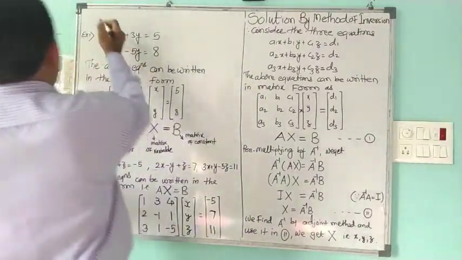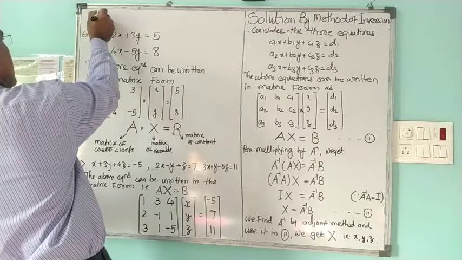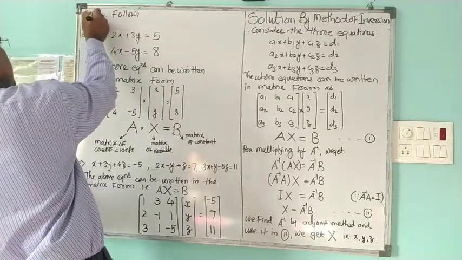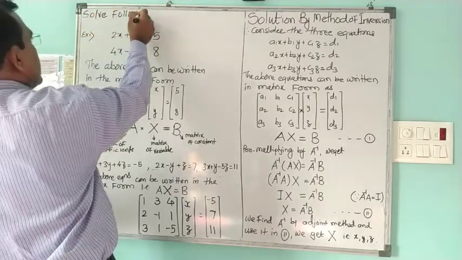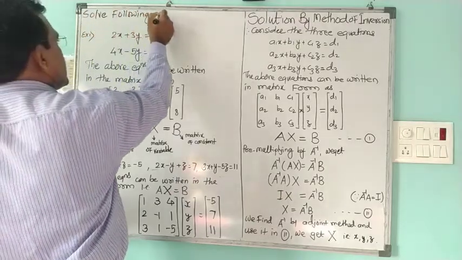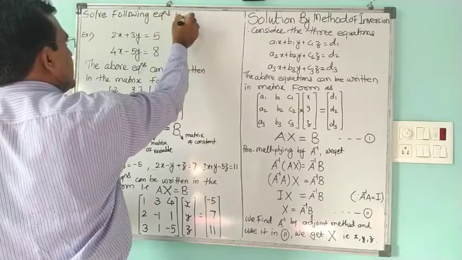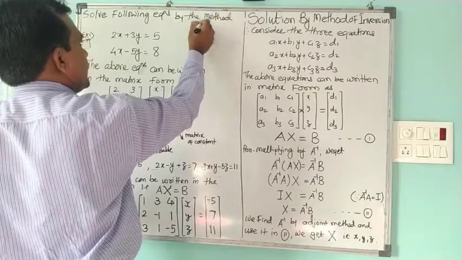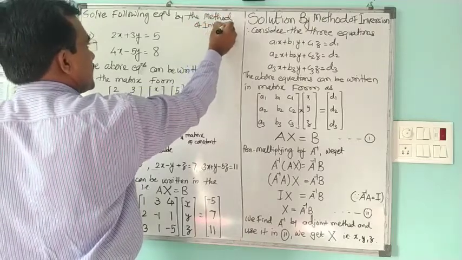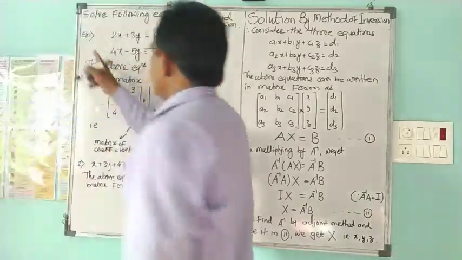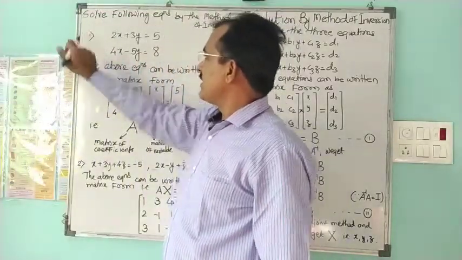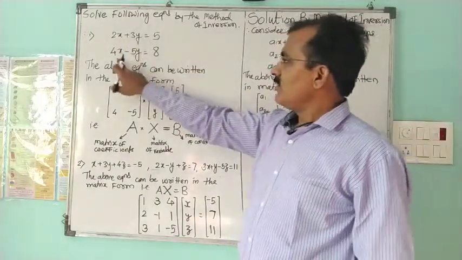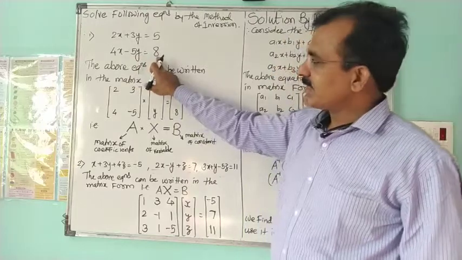So the example will have the heading like this: solve following equations by the method of inversion. In this we are considering this first example. So the equations we are having are 2x plus 3y is equal to 5, 4x minus 5y is equal to 8.